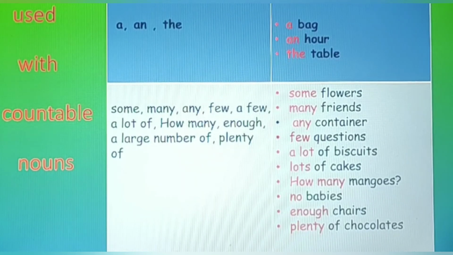Few questions. I have few questions to ask. A lot of biscuits. Or lots of cakes. How many mangoes? How is a question word, right? So how many mangoes? No babies. Enough chairs. I have plenty of chocolates.